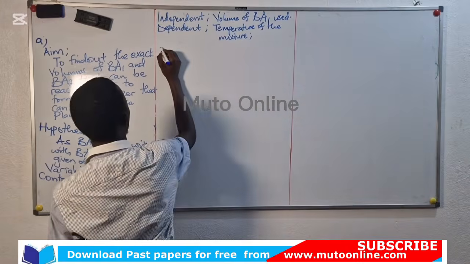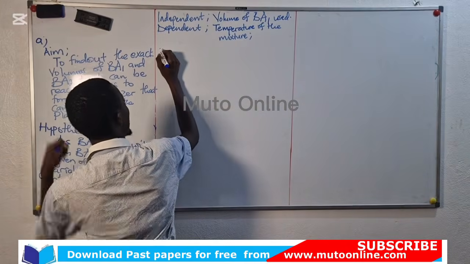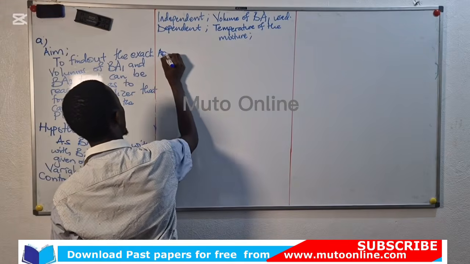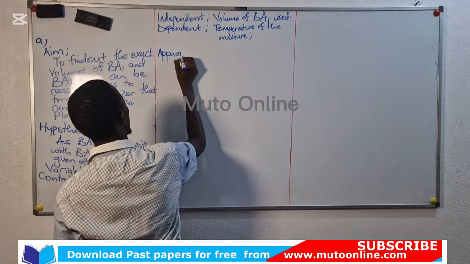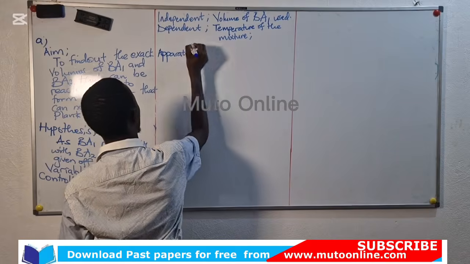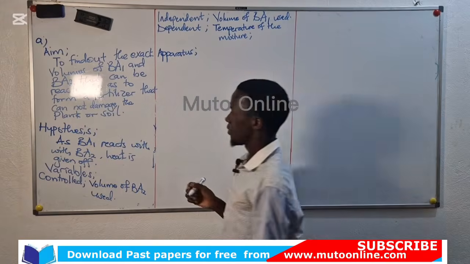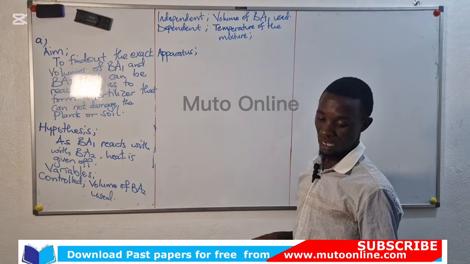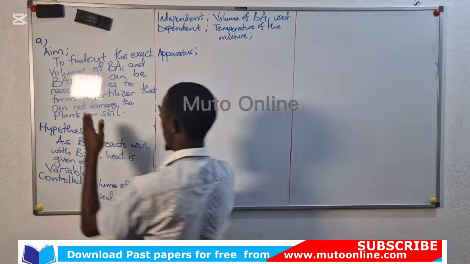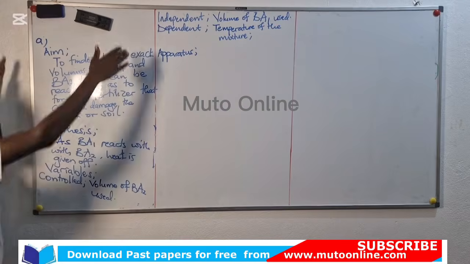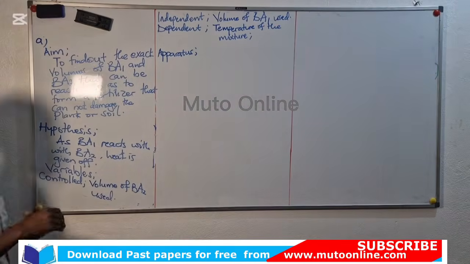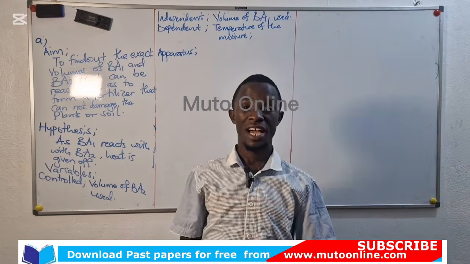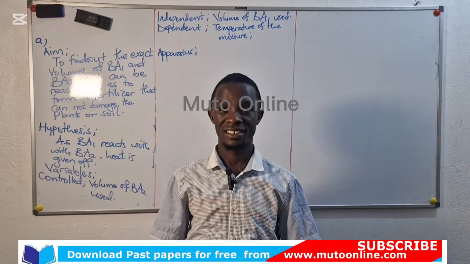Members, the apparatus or requirements: what are we going to use? As I was narrating the practical, how this is carried out, we talked of a fixed volume of the alkali we are to use.